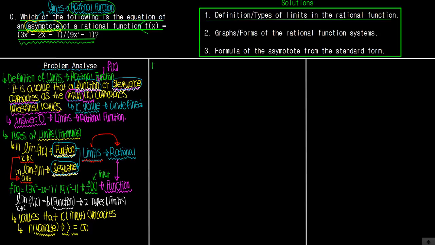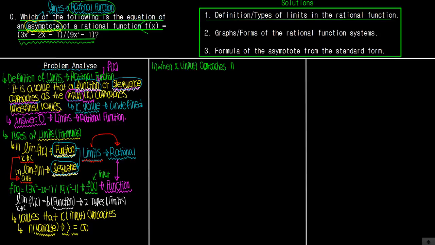The first case is when our x value, which is the input of our rational function, is approaching the n value, which we're just going to notate as a number that should be a variable that changes or varies depending on times.